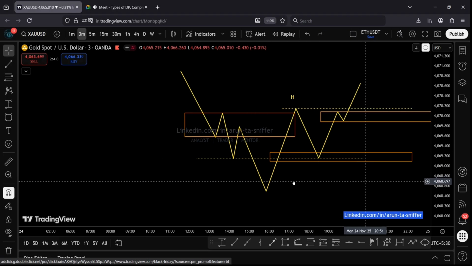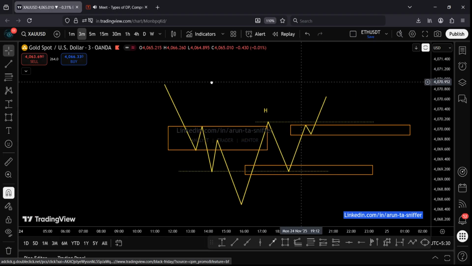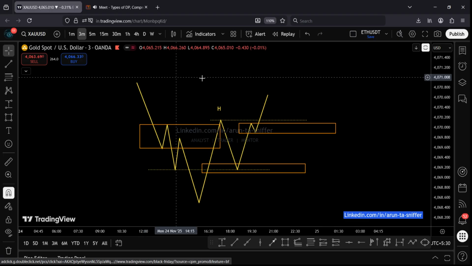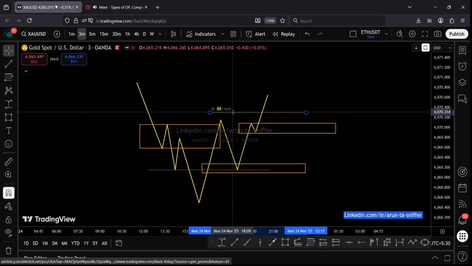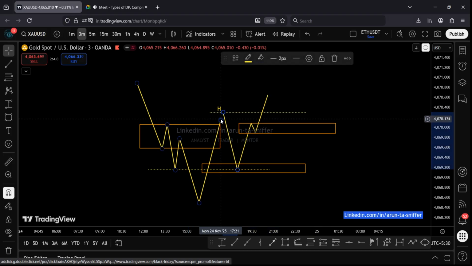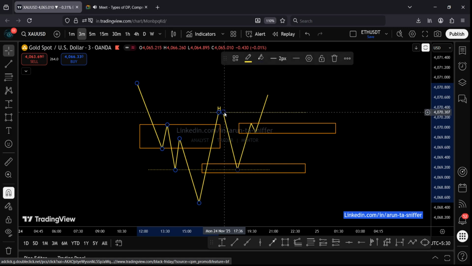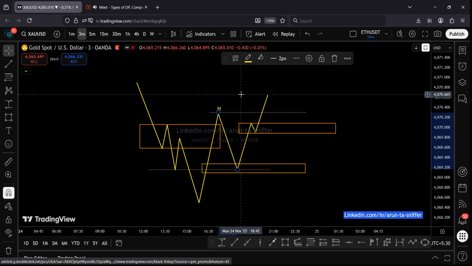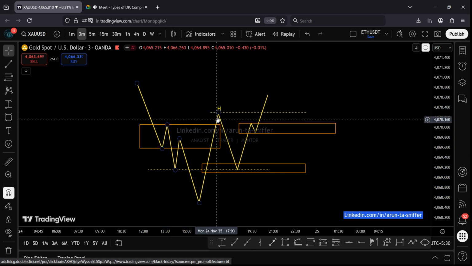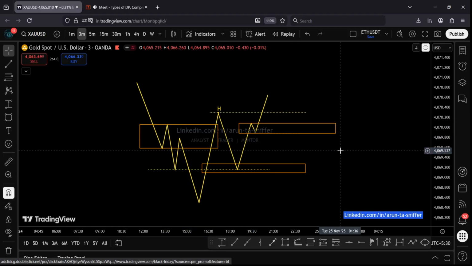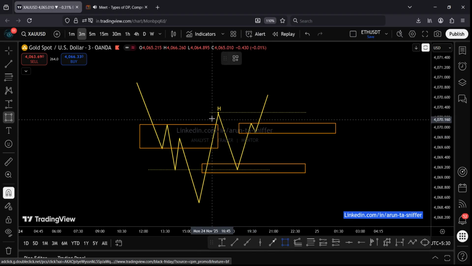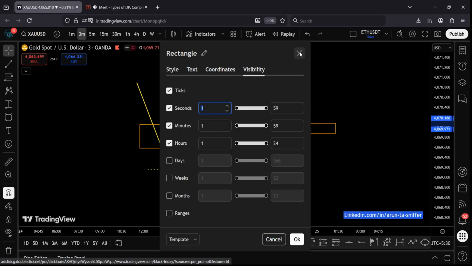Let's zoom in a bit more so you can understand it clearly. Think like price is still like this, okay. So when price crosses this zone, what will happen if we use order swapping?